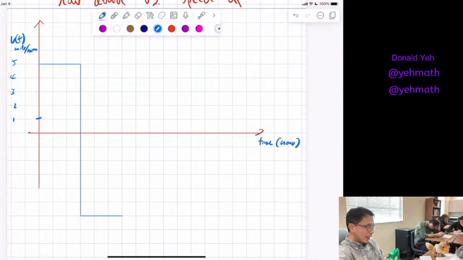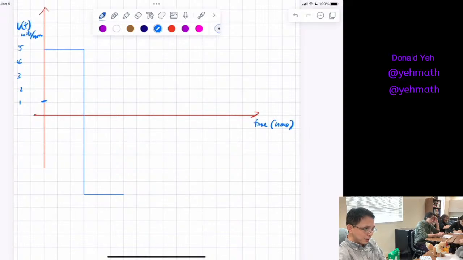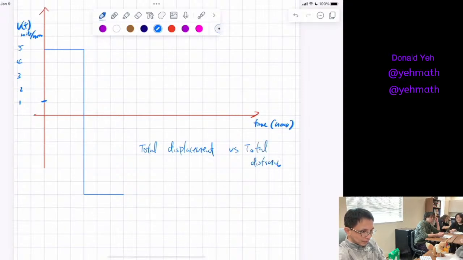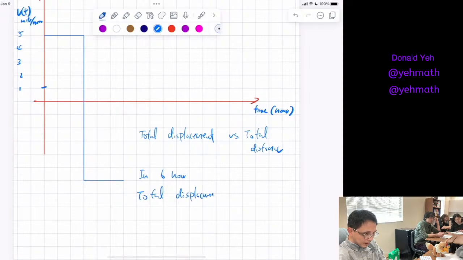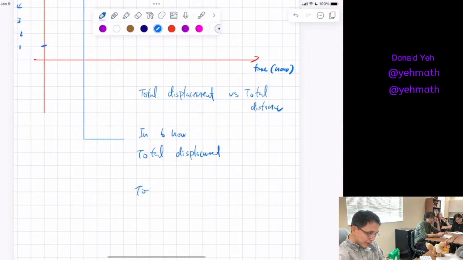Okay, so now comes the next thing. Do you know the difference between total displacement versus total distance? So let's say in 6 hours, what will be my total displacement? And what will be my total distance? Is it negative 5 on the bottom?